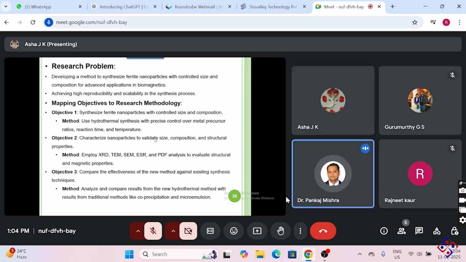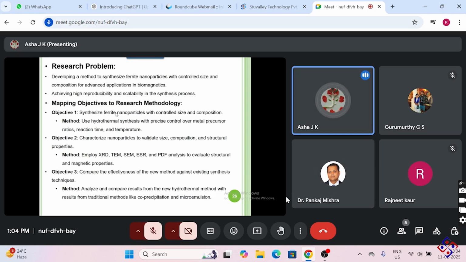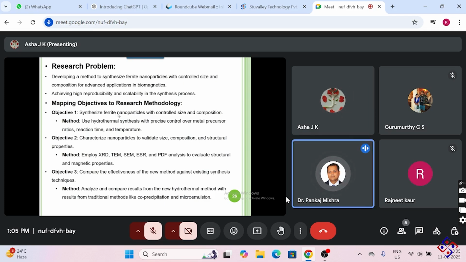What type of machine is it? How does it work? Have you ever seen the XRD machine? The XRD setup? No, sir. At least search these things on the web before going for the viva.